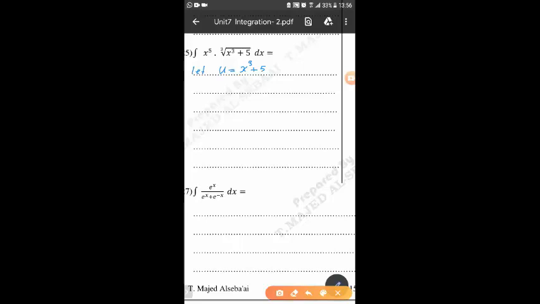Okay. Now, I want you to see that x to the power of 3 equals u minus 5. Right? Keep it like this. Don't take the cube root here and cube root here. So you can know that x equals cube root of u minus 5.